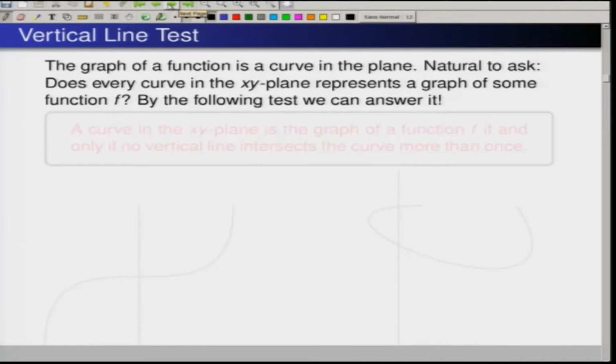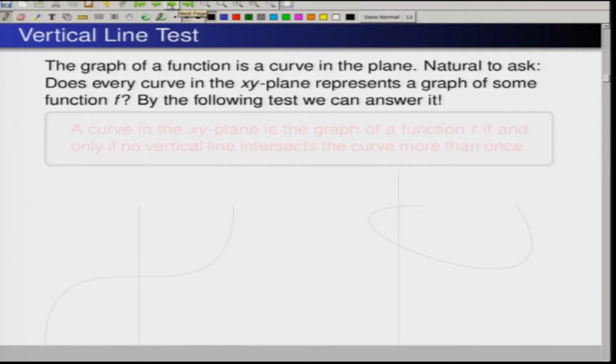Here I am a little sloppy in not defining what I mean by a curve, but intuitively you know what a curve is. So, by the following test we can answer this question.